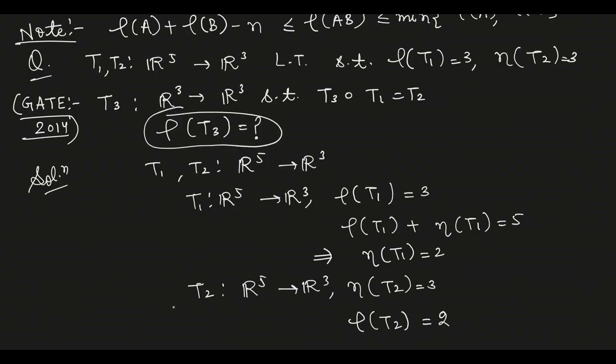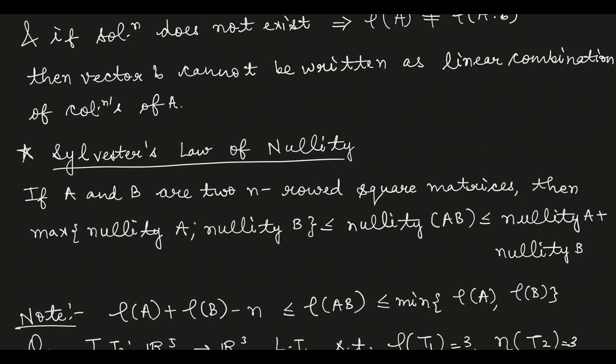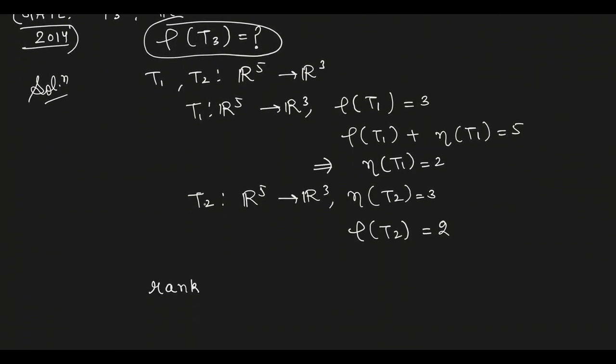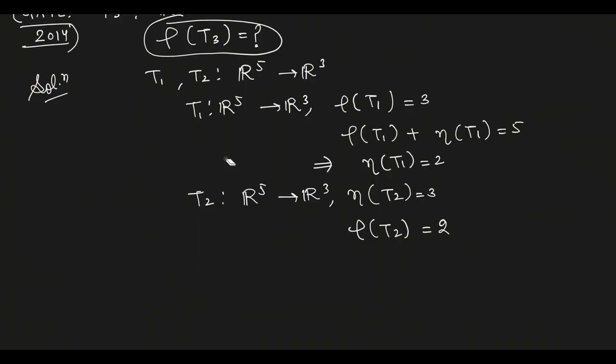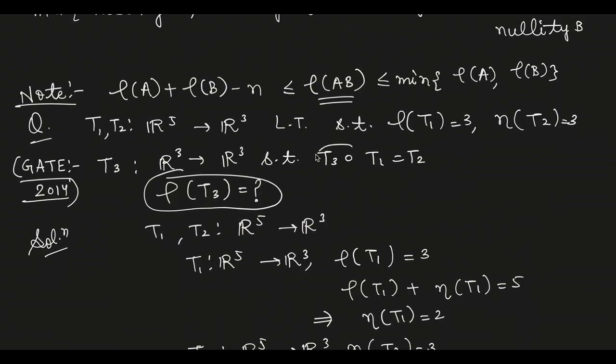So I can apply that note: rank of AB, means rank of T3 composition T1, is less than or equal to the minimum of rank of T3 and rank of T1. And T3 composition T1 is equal to T2, means rank of T3 composition T1 is equal to rank of T2.